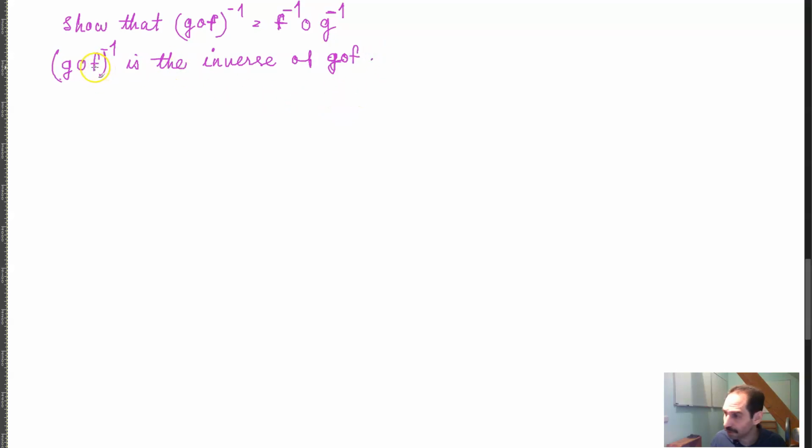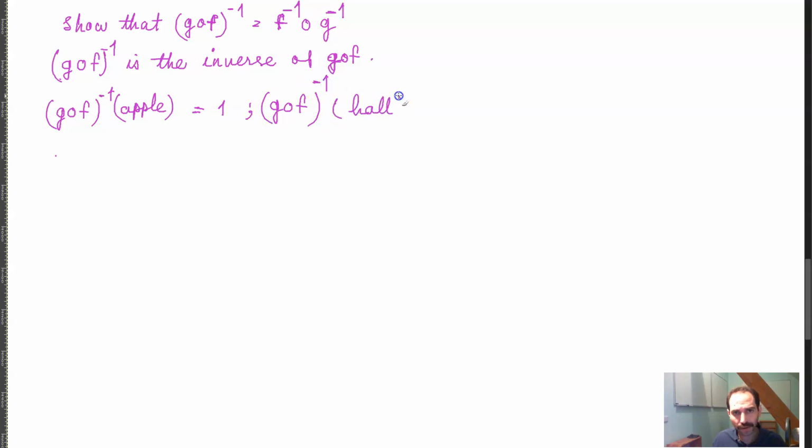The arguments that (g∘f) inverse accepts are apple, ball, and cat, meaning that (g∘f) inverse of apple is equal to 1, (g∘f) inverse of ball is equal to 2, and (g∘f) inverse of cat is equal to 3, right?